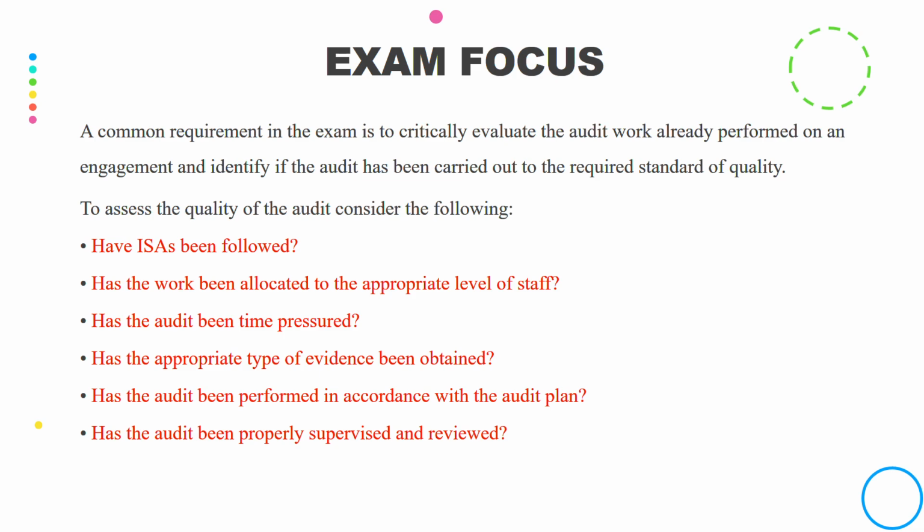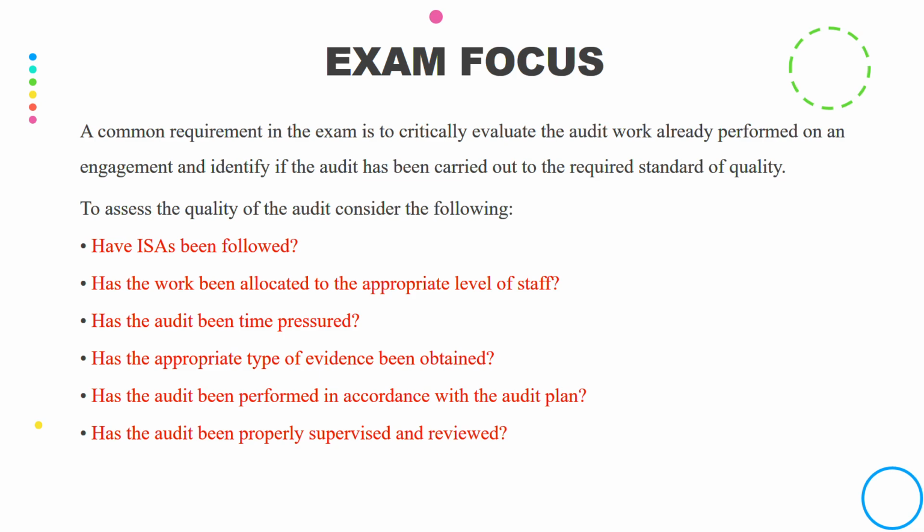Okay? To assess the quality of the audit, consider the following, which are given in the red color. Number 1, have ISAs been followed? Are the standards followed? You have to see. These are the points that you need to write in your answer if a question is asked relating to the quality of the auditor's work.